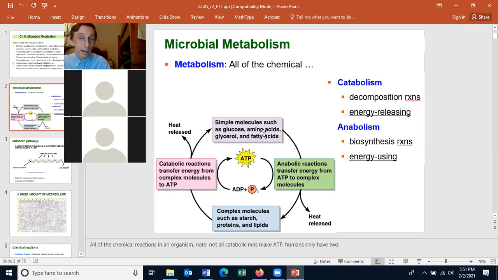So almost all anabolic reactions require energy from ATP. And the ones that don't take it from ATP take the energy from some other molecule. So all of them require the energy from some molecule.